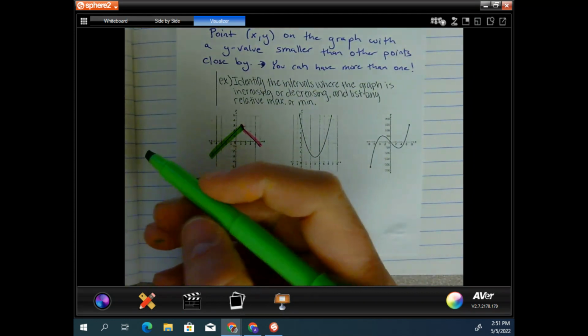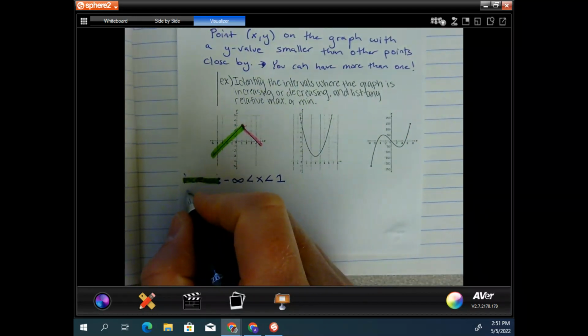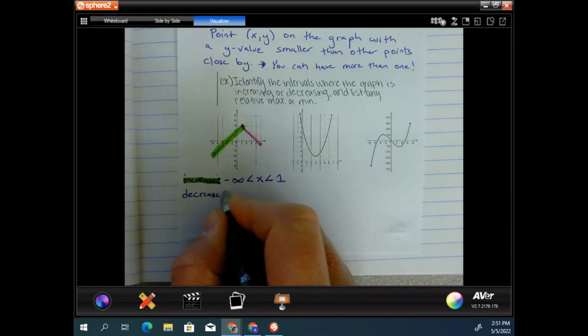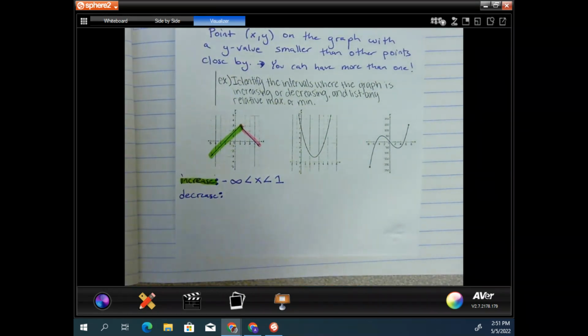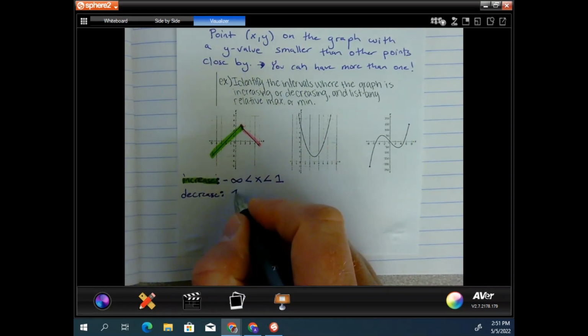So my increasing was green, my decrease is going to be pink, and it starts decreasing from that x value of 1.